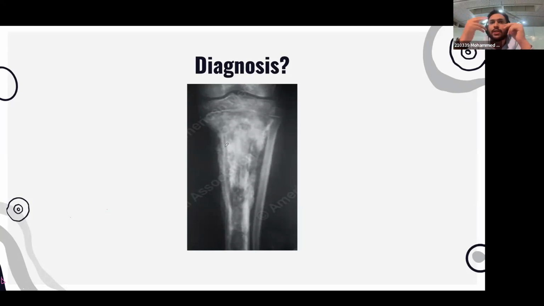This will cause necrosis. The bone will basically be separated from the rest. This is what we call a sequestrum. Here, these white areas are these sequestrums. And then these black areas are these lytic lesions, which is where the inflammation is building up in the beginning. There are stages to osteomyelitis.